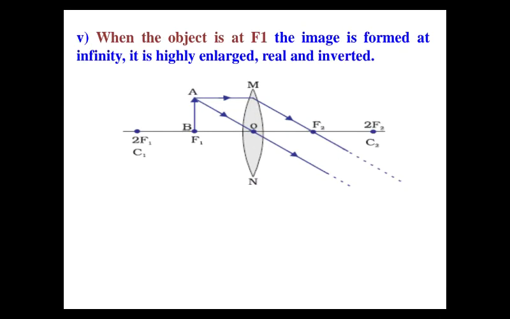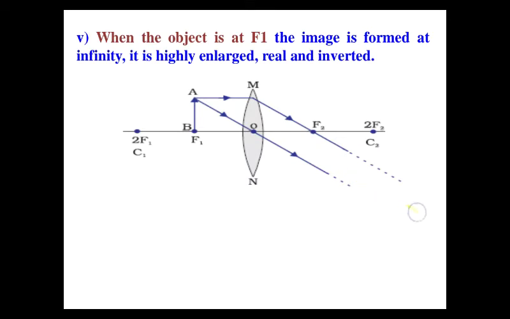Now the next case is when the object is at f1, means at a distance of the focal length from the lens. In that case we will show in the same way two rays of light, one parallel passing through the focus, another passing through the optical center, but we can see that these rays of light are parallel after refraction, and parallel rays of light are not meeting here.